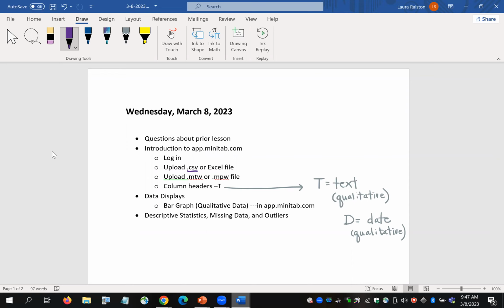If you have a .csv file or an Excel file, you have to copy and paste from Excel to Minitab. And guys, we copy the entire spreadsheet and take the entire spreadsheet into Minitab. Okay, so I want to show you how to do that.